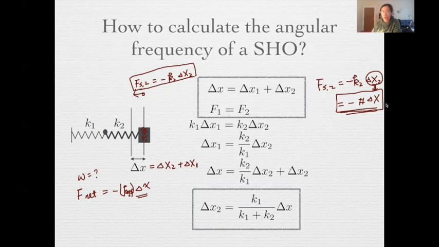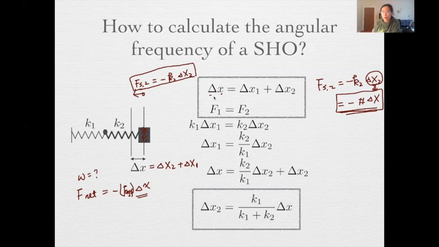So to do that, I need to sort out the relationship between delta X and delta X2. So first, I know delta X is nothing but delta X1 plus delta X2, because the total stretch will be the stretch of K1 and the stretch from the second spring.